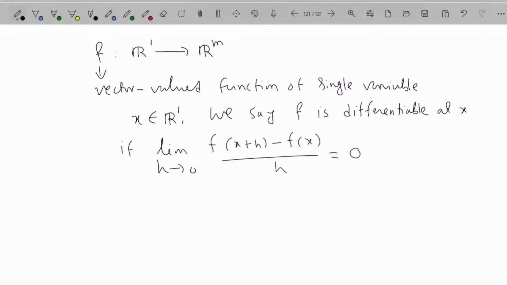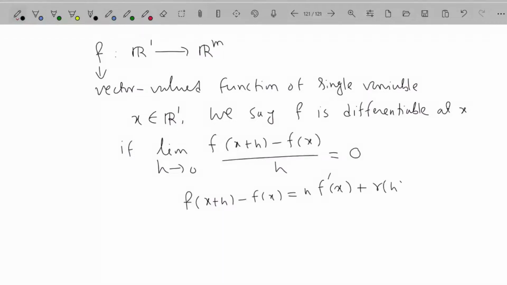Now again we can think of this as similar to before, and rewrite f of x plus h minus f of x as h into f dash x plus r of h.